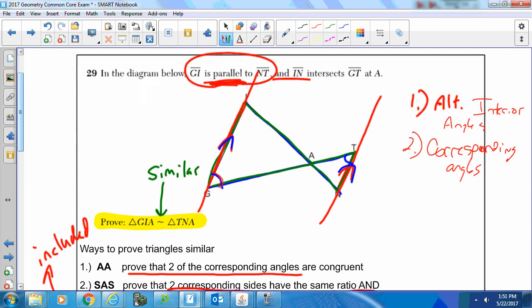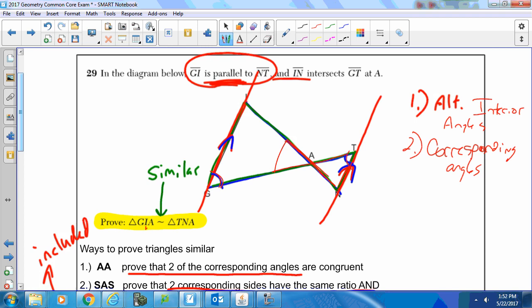Now we could say angle. Now, when you have two lines that intersect, remember, make the X, make the bow tie. All right, make the bow tie. So we have angle IAG.